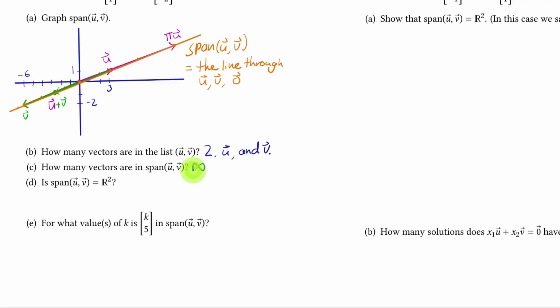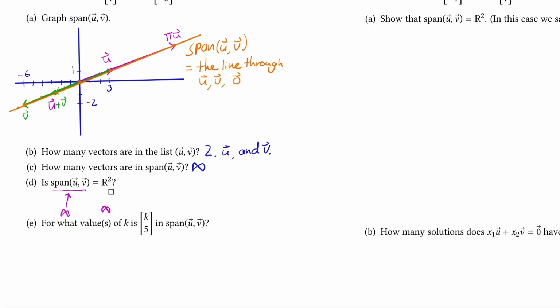How about D? Is the span of u equal to R2? Well, you might say R2 has an infinite number of points, and the span of u and v we just showed has an infinite number of points. So infinity equals infinity, right?